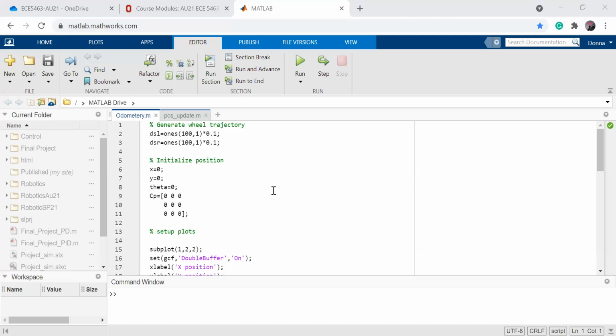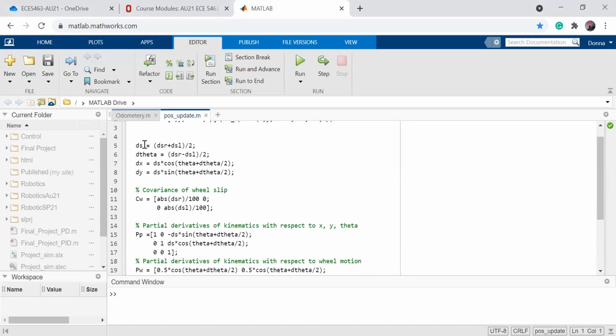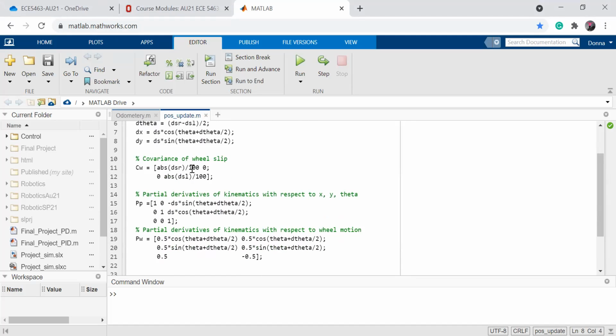So here you can write your odometry, and I also have the position update. It calculates ds, d theta, dx, dy, which are my components. Then the covariance of wheel slippage, so DSR and DSL are the values that are output. Then you calculate the kinematics with respect to the position, and the kinematics because of the wheel motion, and you add those two together.